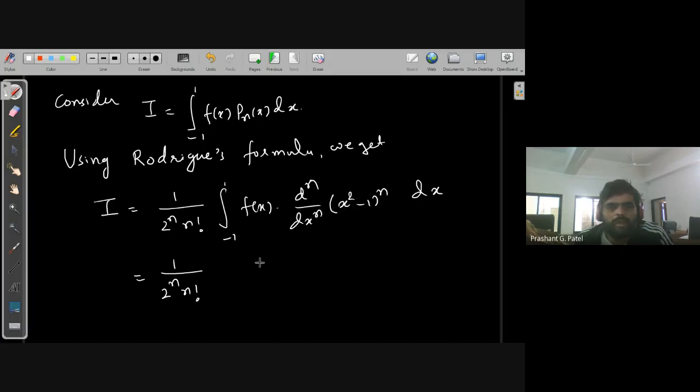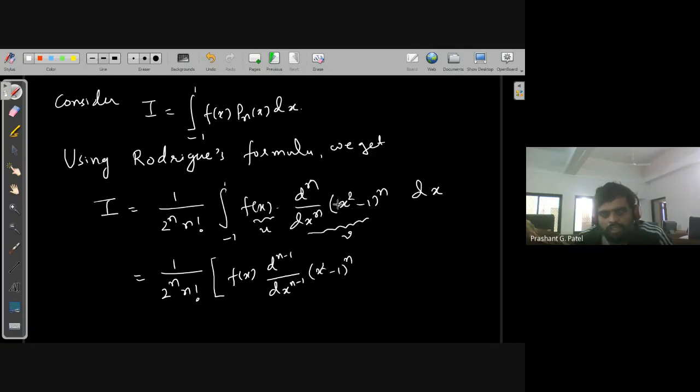Using integration by parts, what can we say? This f of x I will treat as u, and this will be treated as v. So this is f of x into the n minus 1th derivative of x square minus 1 raised to n. So u as it is, and the integration of this quantity.